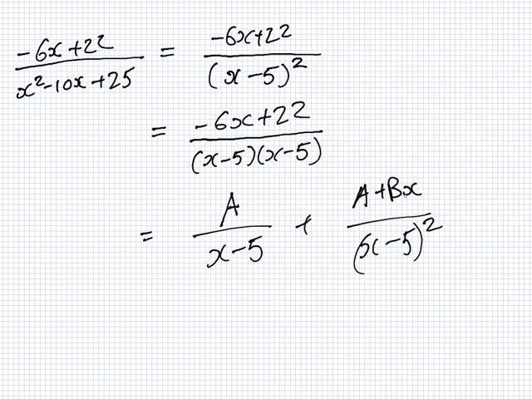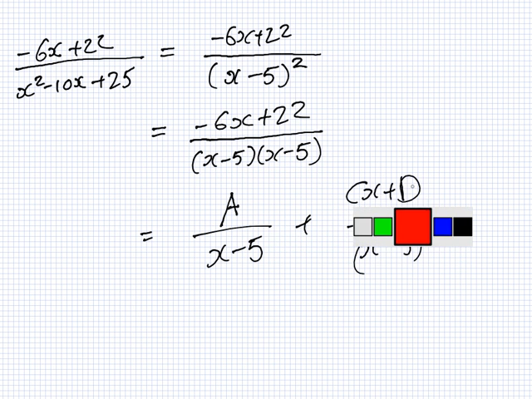Sorry, I shouldn't say A and B because I already used A. I should call them different letters. CX plus D. Which one should I delete? It doesn't matter. Which one would you like to delete, the CX or the D? CX, because having one less X makes your life easier.